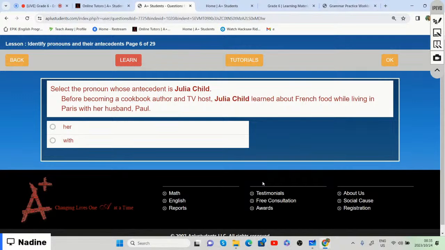So now, if we select the pronoun whose antecedent is Julia Child, do we say her or do we say with? Her referring to Julia Child, or with referring to Julia Child?